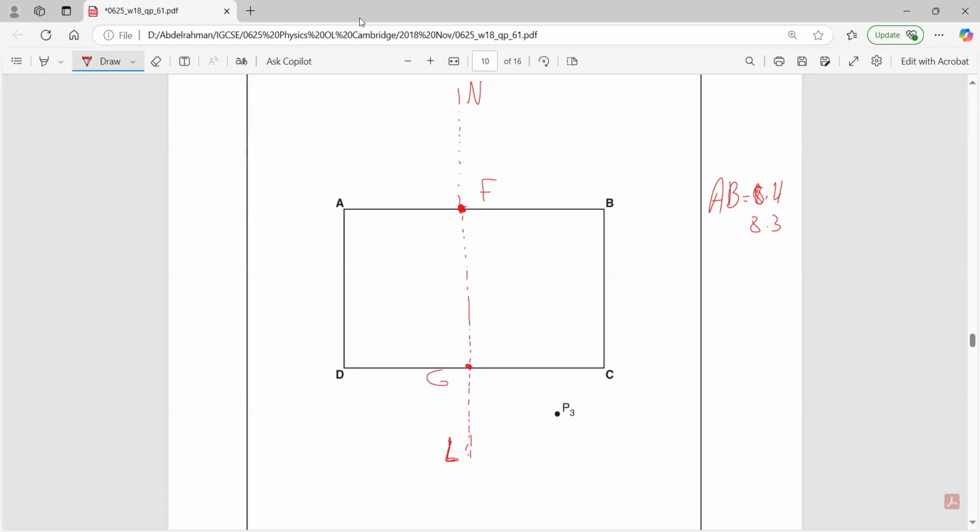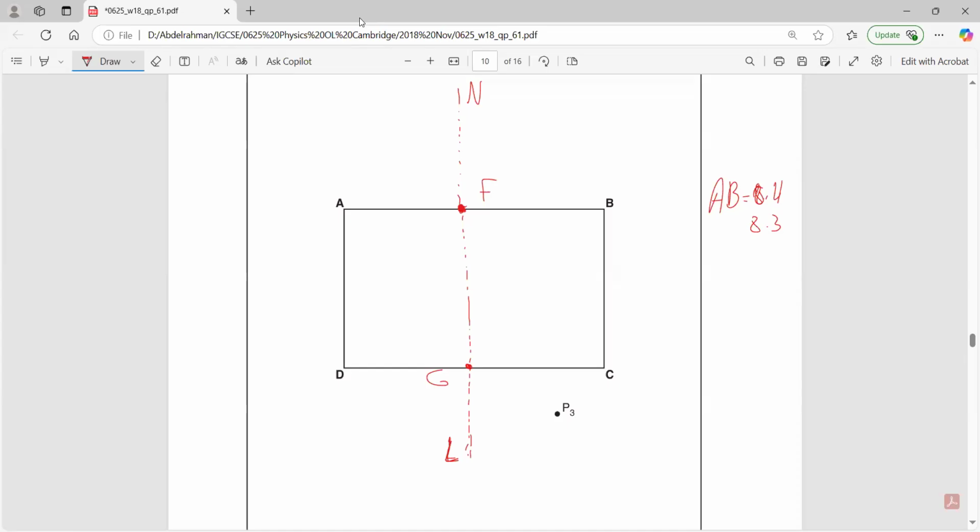Be careful guys, while drawing these lines, you have to use a very thin pencil. You have to sharpen your pencil. You have to make sure that this normal is perpendicular. If the normal is slanted, if the angle isn't exactly 90 degrees, then most of your readings in this question will be wrong.